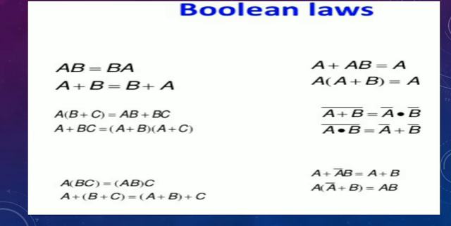Now come to this one. A plus B the whole bar is equal to A bar dot B bar. Yes, that's inversion. A dot B the whole bar is equal to A bar plus B bar. Right? Okay. Now come to this one.